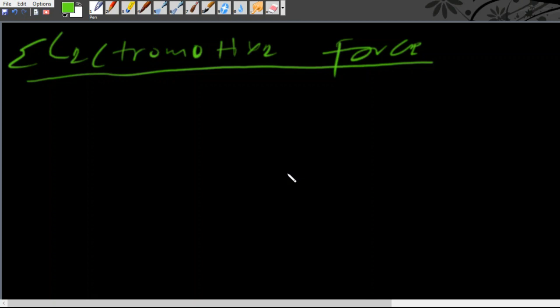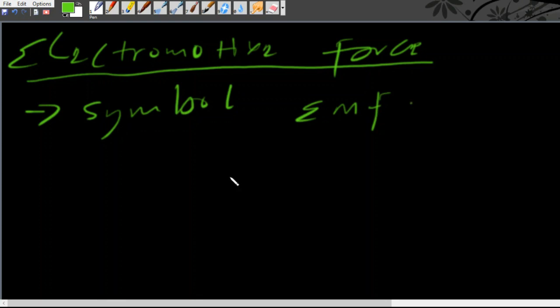But electromotive force is the total work done by a source of electricity in driving 1 coulomb of electricity through the circuit. The symbol that we use to represent electromotive force is EMF. The unit of electromotive force is volts.